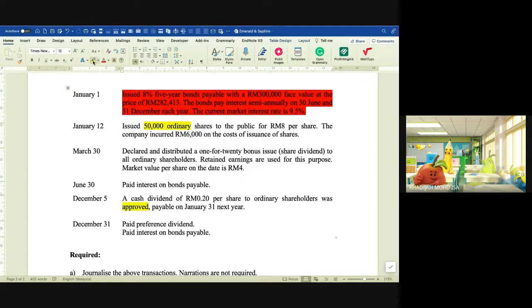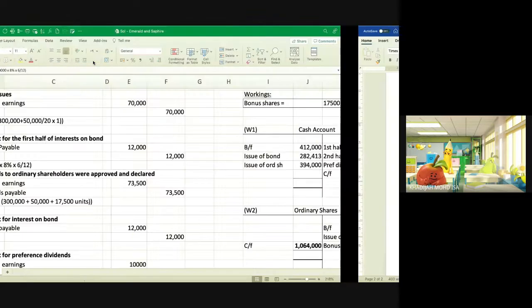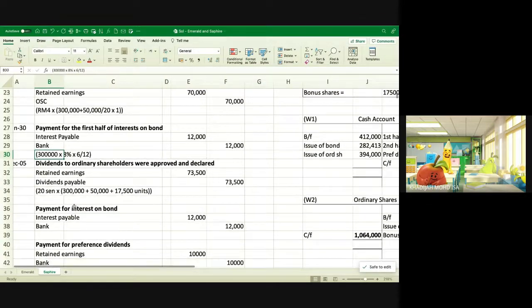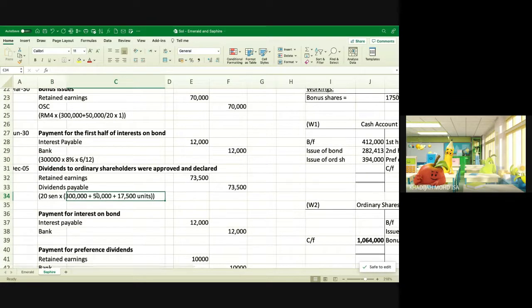How much is the cash dividend? 0.2 per share. So how many shares do you have? 350,000, right? But there were bonus shares earlier. Remember your bonus shares, 17,500 units, which is 350,000 divided by 20.